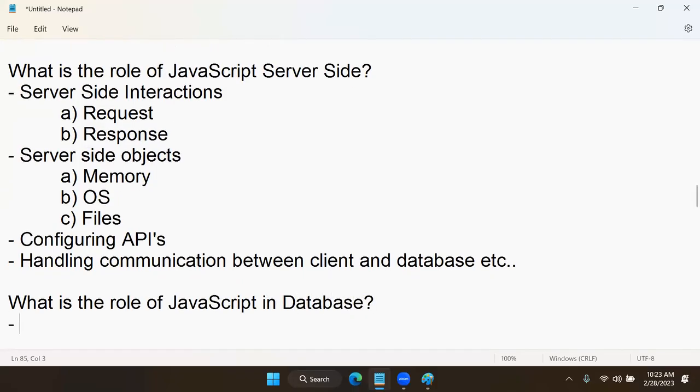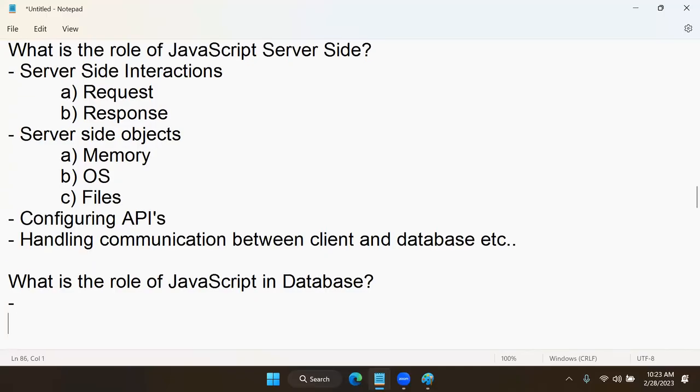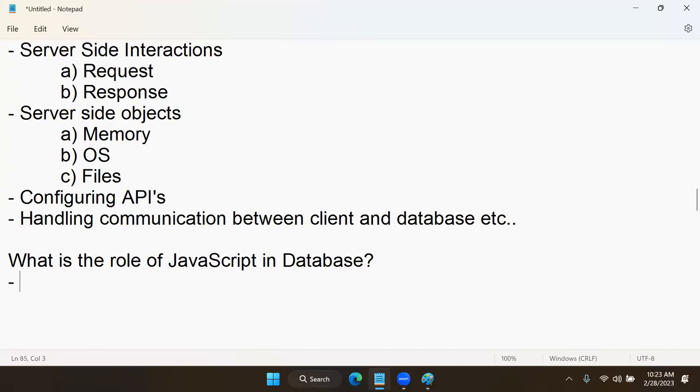Databases use a language called SQL. Databases require SQL or SQL-like language. By using that language, you can perform all CRUD operations. CRUD operations means create, read, update, delete operations.